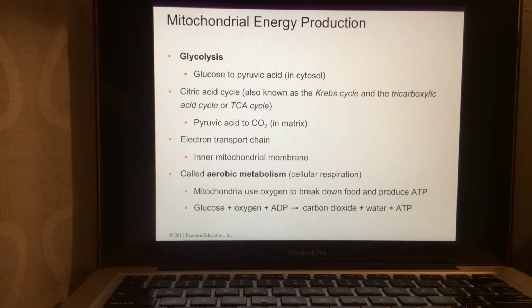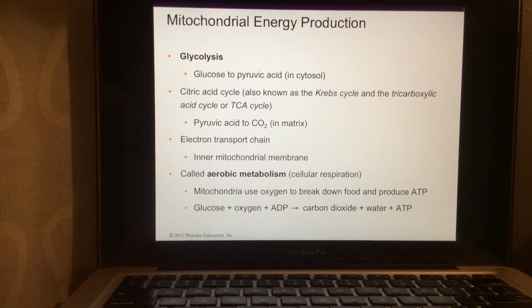The first step is glycolysis, and that is done in the cytoplasm. You're taking sugar or glucose into pyruvic acid, and you only make a very small amount of energy.